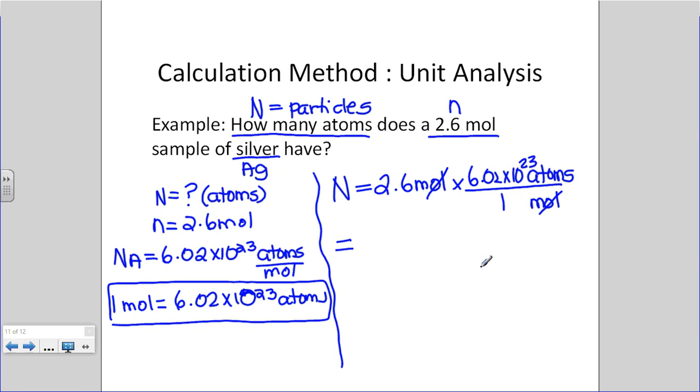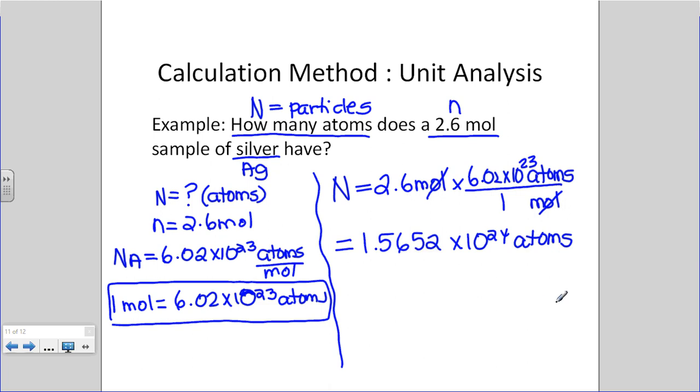So let's check your answer. Hopefully you've tried. An unrounded answer would be 1.5652 times 10 to the 24 atoms. So hopefully you're able to get that answer, but we're not quite done yet. Hopefully you did a bit of review on significant digits in the previous lesson, and this is where it comes into play.